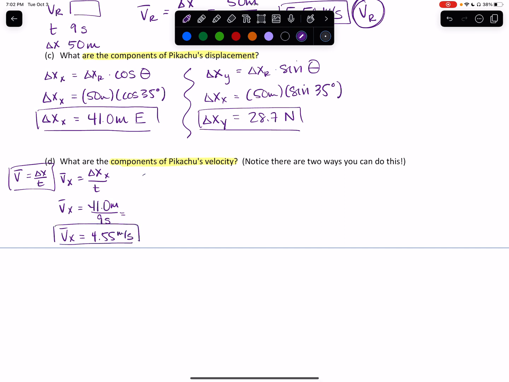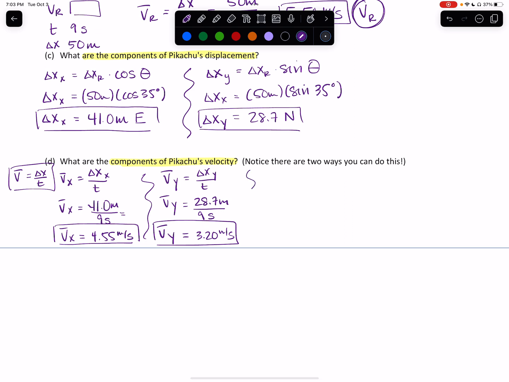We're going to repeat, but this time we're going to find the average velocity vertically. That's the change in position vertically divided by time. We found that that change in position vertically was 28.7 meters, and we divide that by our 9 seconds, and we get an average vertical velocity equal to 3.20 meters per second.